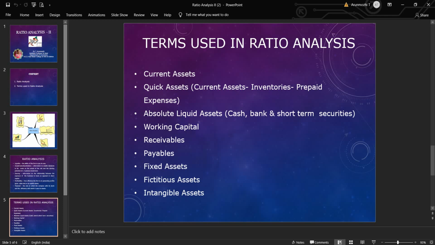Next is the intangible asset. It is an asset that is not physical in nature, such as goodwill, patent, brand, trademark, or copyright. An intangible asset can be considered indefinite or definite, like a legal agreement or contract.